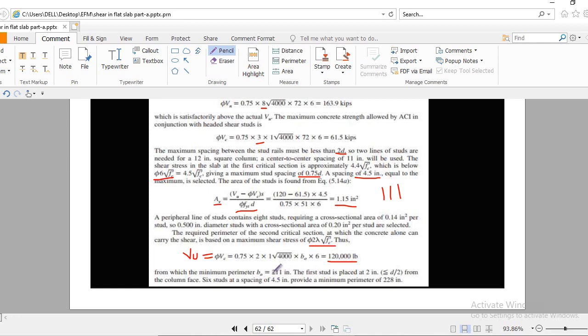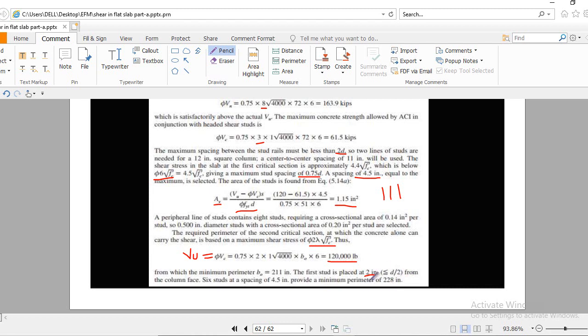So 211 inch, and the first stud is placed at a distance of 2 inch from the column face, which should fulfill this criteria. 6 studs at a spacing of 4.5 inch provide a minimum perimeter of 228 inch.